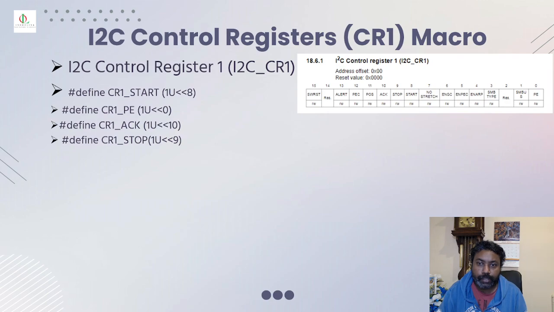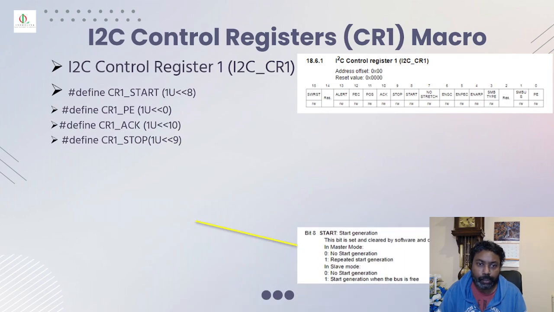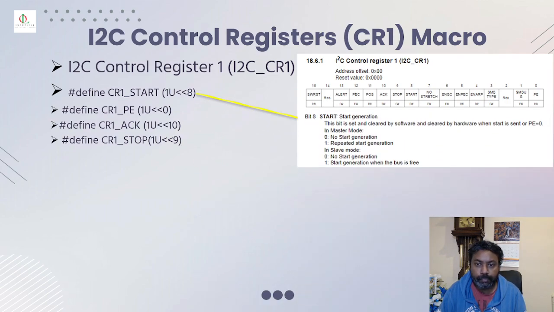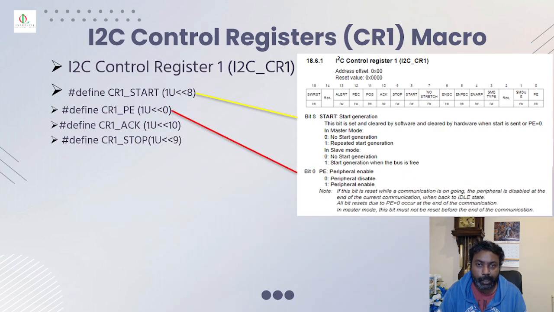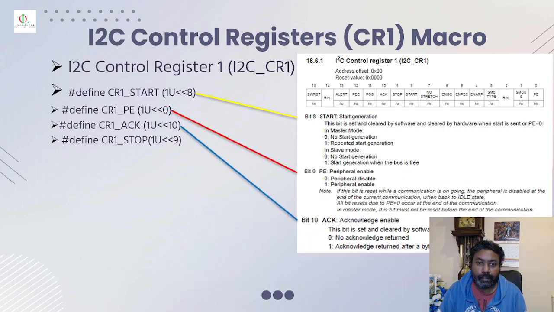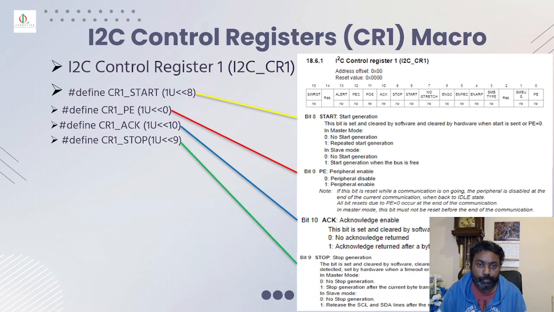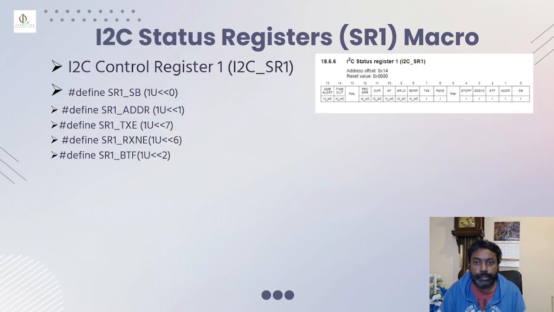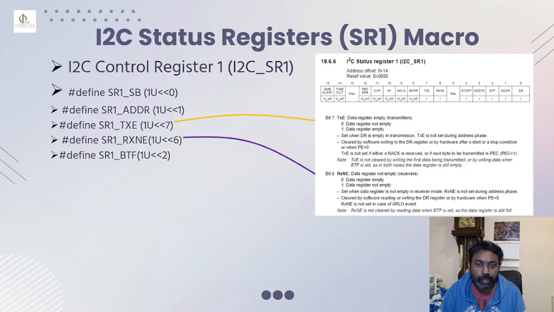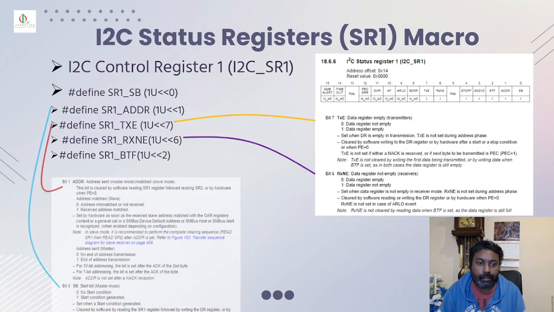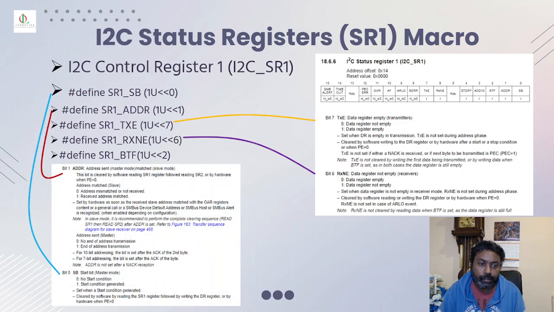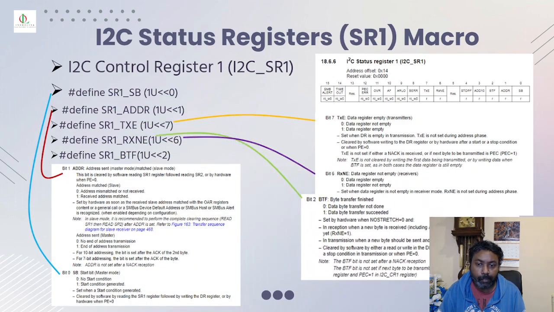And the control register 1, you saw one by one, first with the start generation, then the peripheral enable, then the acknowledge enable, and then you stop by sending the stop bit. Also you learned the status register 1, starting with the start bit, the TXE and RXNE bits, the address bit, and then finally the byte transfer bit.